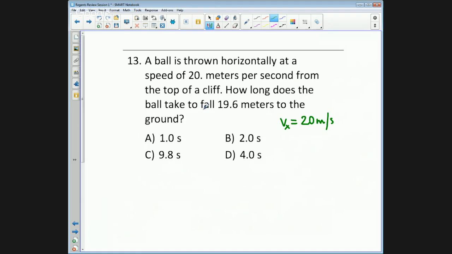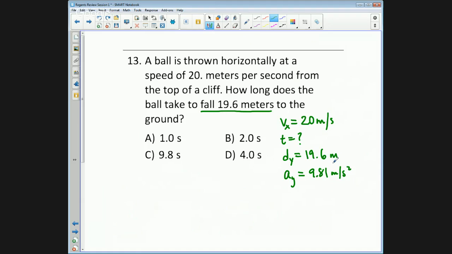From the top of a cliff, how long does the ball take? So that's time, that's what I'm solving for, to fall 19.6 meters. That's my distance in the y direction. Something else that we have is the acceleration in the y direction, which is 9.81 meters per second squared.